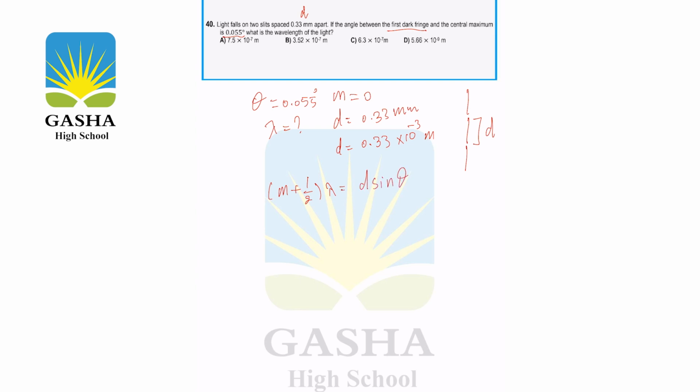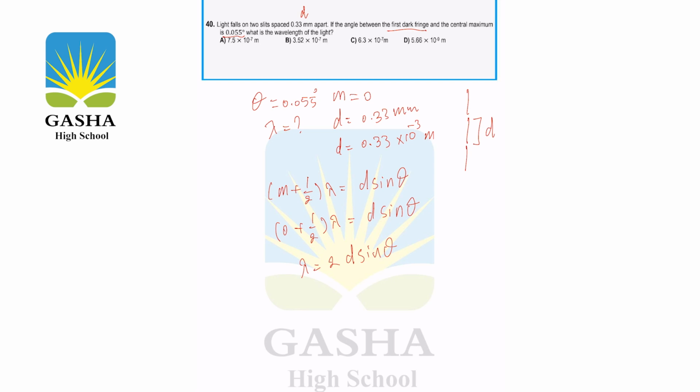Lambda is unknown, and M is 0. So (0 plus 1 over 2) lambda is D sine theta. And lambda will be equal to 2D sine theta, by using a cross product, or just multiplying both sides by 2.